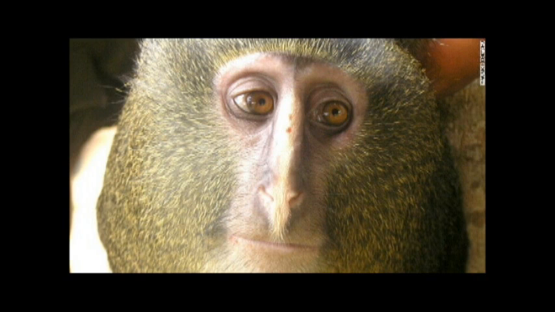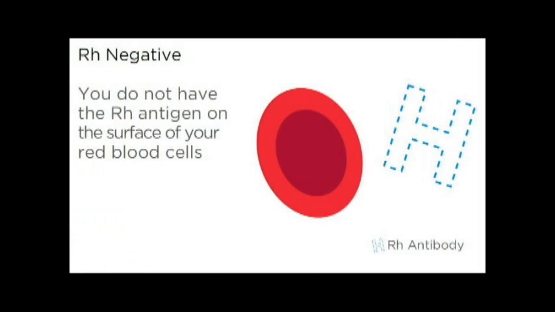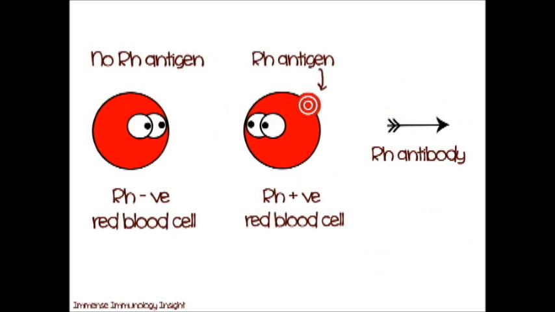The difference with the Rh negative factor is that the O negative, A negative, B negative, AB negative blood types do not have the rhesus monkey gene. They do not have the protein connected to their cells.